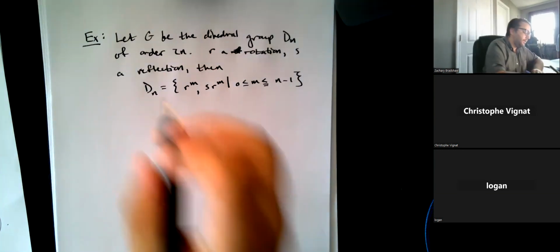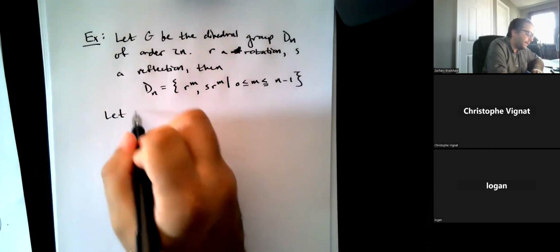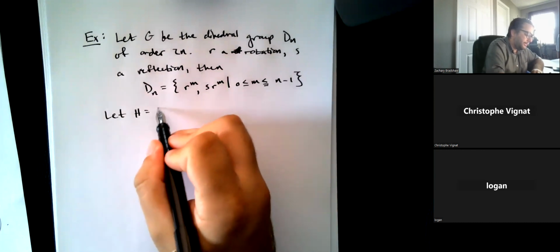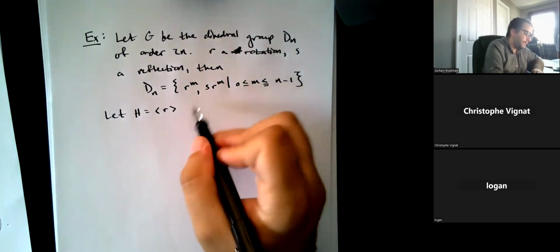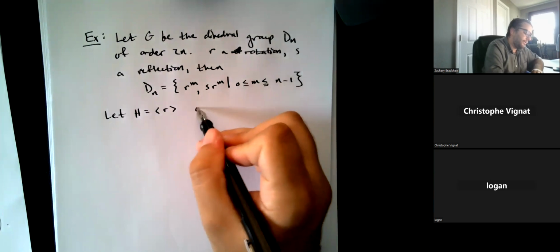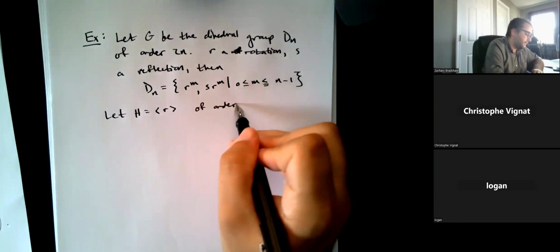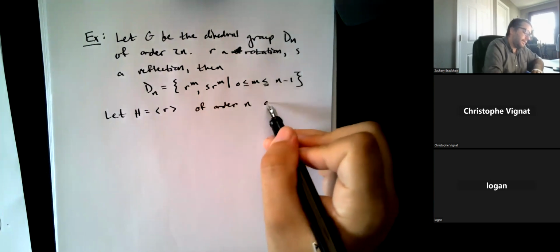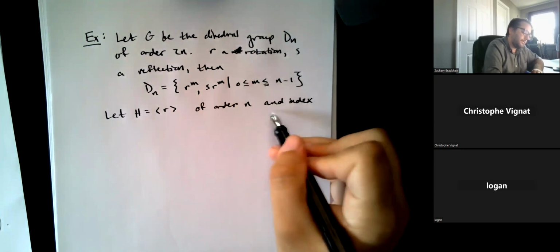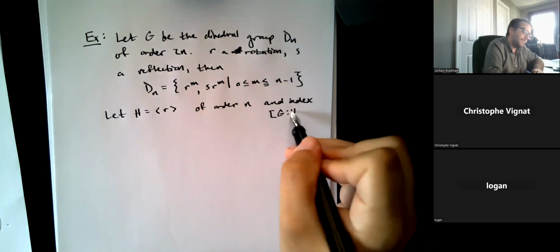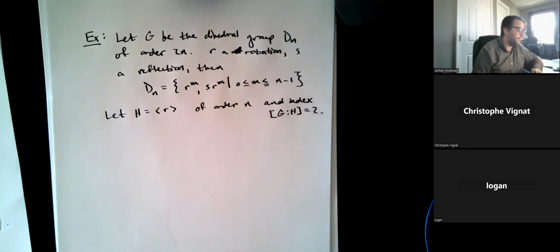Let H be the cyclic subgroup given by the rotations. This has order n, and its index in G is 2.